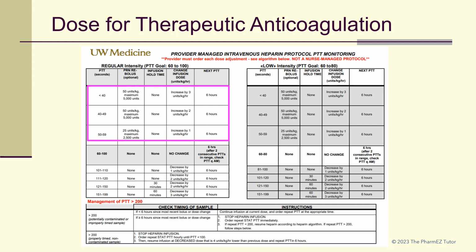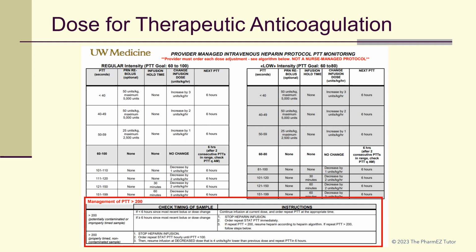This is given as a bolus and increase in infusion rate in various amounts depending on the aPTT result. Likewise, if the aPTT is greater than 60 to 100 seconds, this means the heparin infusion rate has to be decreased and possibly held for a short period of time. In both cases, the aPTT is checked again after 6 hours.